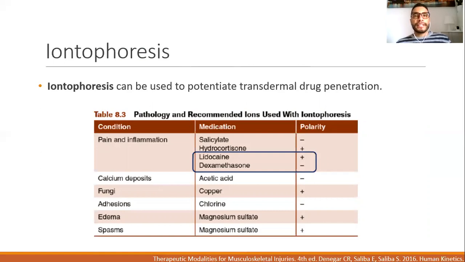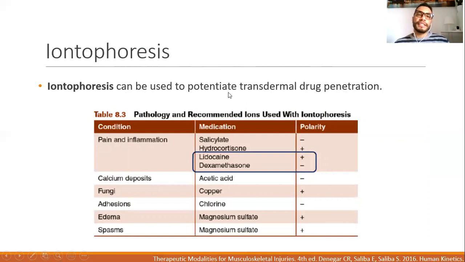And in electrotherapy, we can also use something similar to phonophoresis when we apply medication in gel, for example, okay? But we use electrical current to deliver this medication through the skin. And this is called iontophoresis.